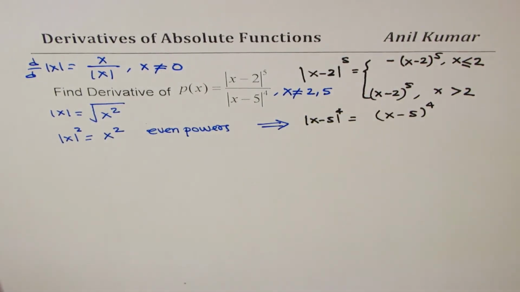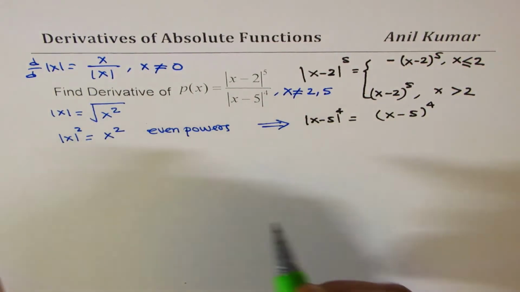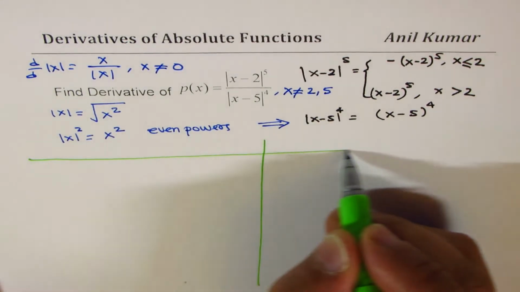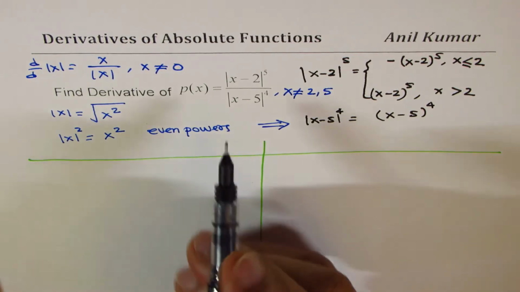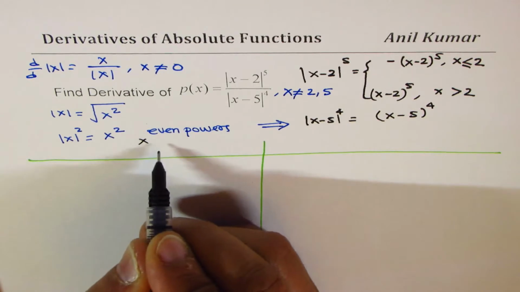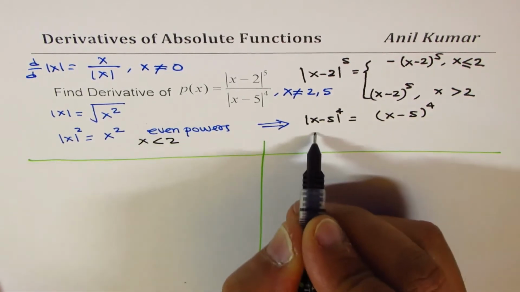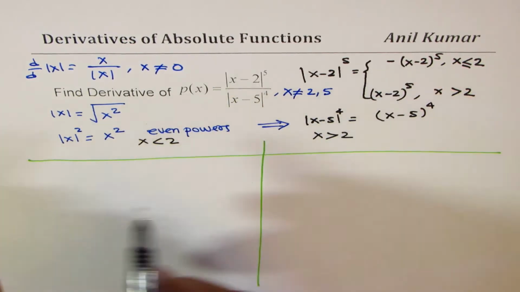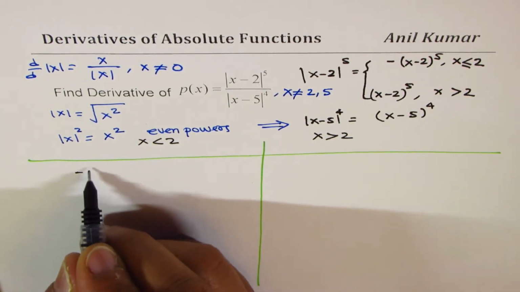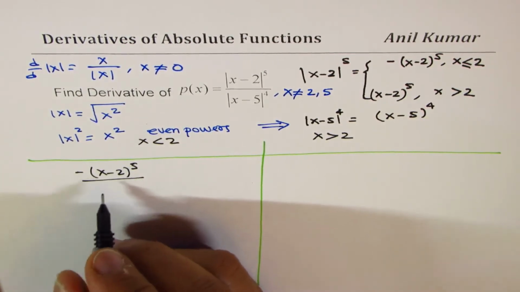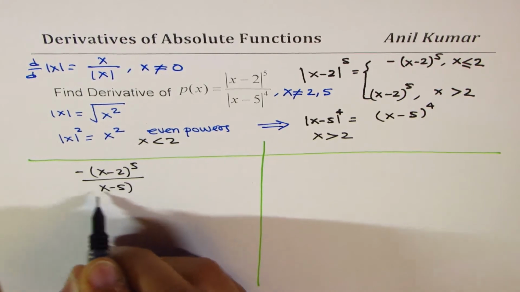Okay. So that leaves us with a situation in which we are working with two functions. We have the first function for x less than 2, the other one when x is greater than 2. And the function when x is less than 2 could be defined as minus (x minus 2) to the power of 5 over (x minus 5) to the power of 4.